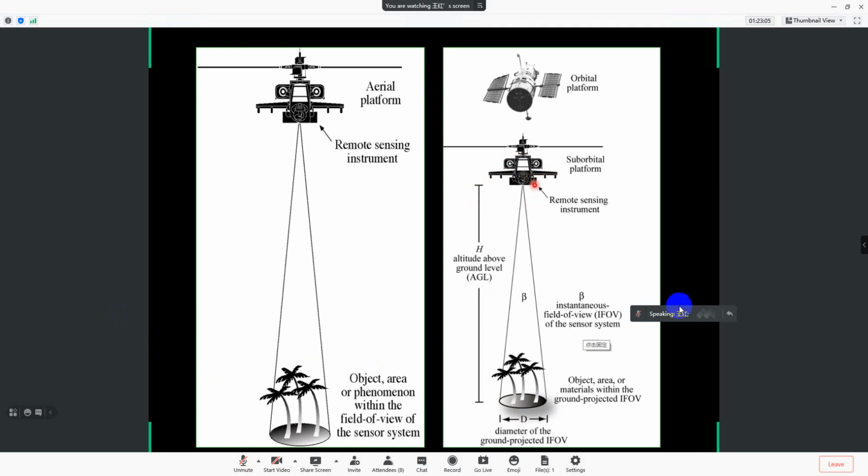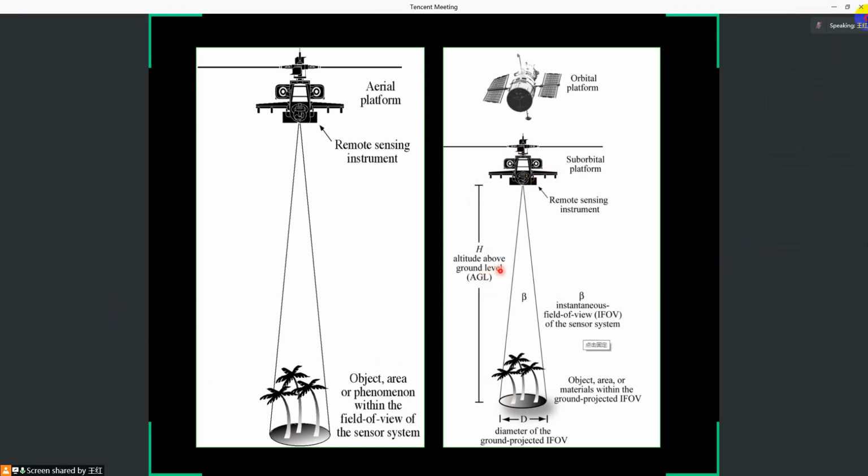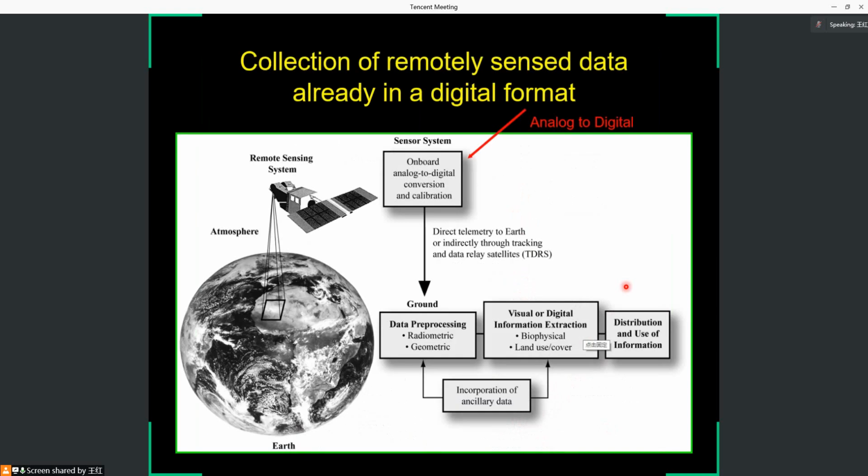This is the height, the altitude above the ground level, and this is the IFOV, and this angle is called beta. Beta IFOV. So these are some parameters for viewing from the platform to the target.